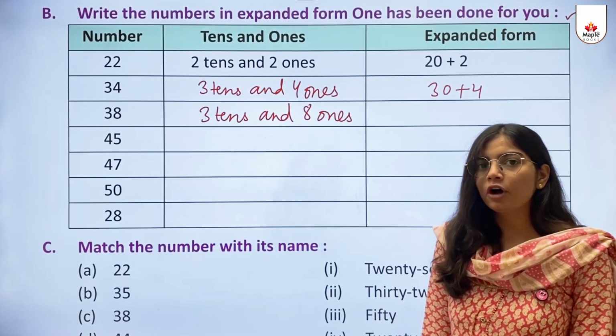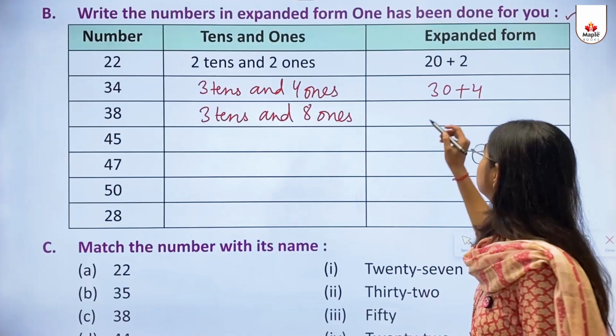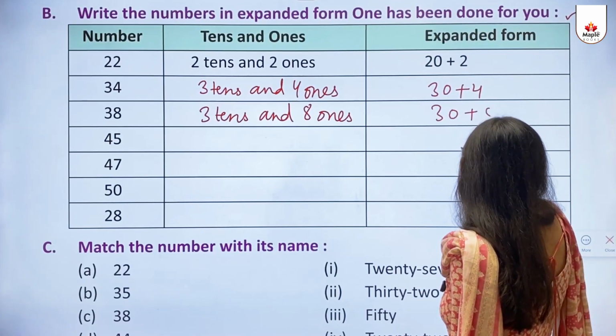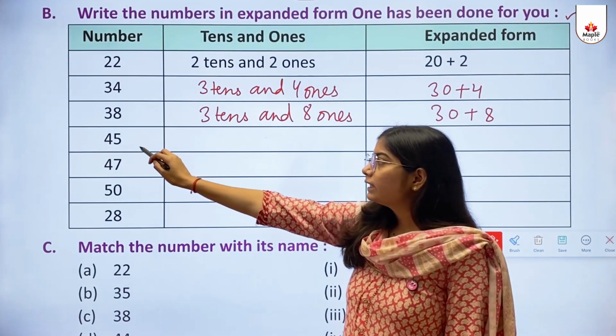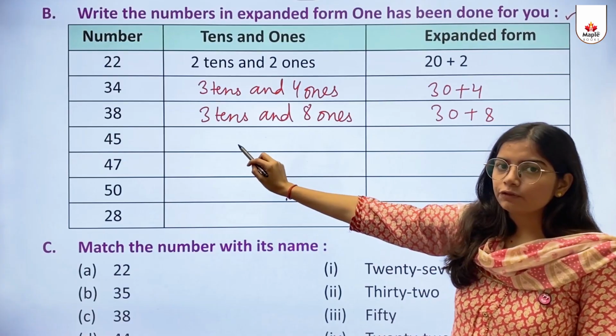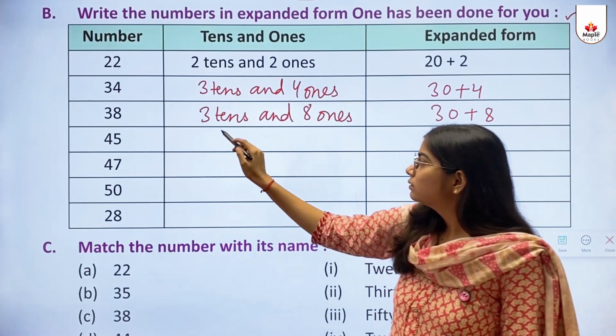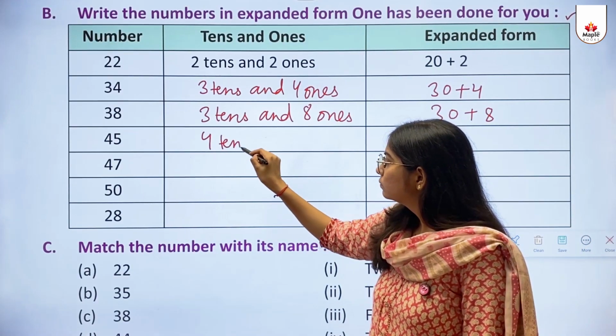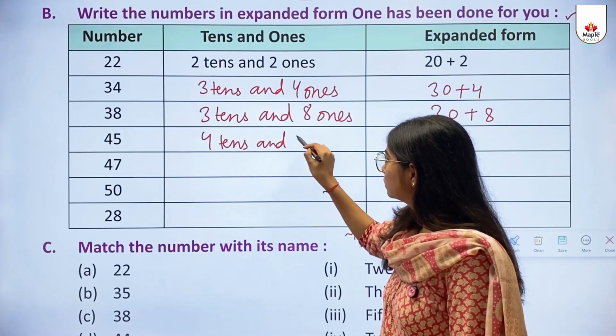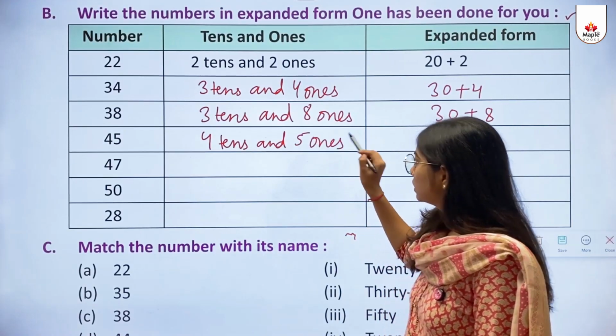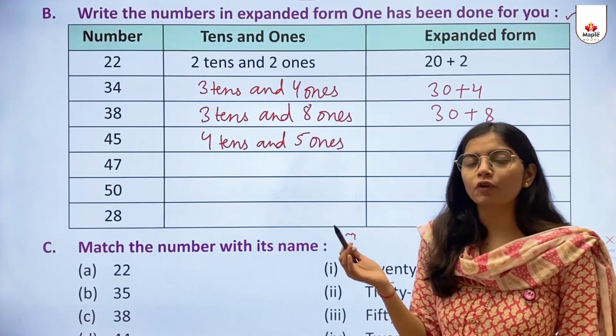And the expanded form is 30 plus 8. Then 45, 4 tens and 5 ones. And expanded form is 40 plus 5.